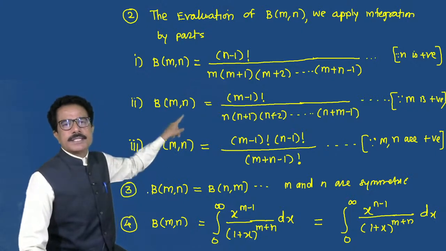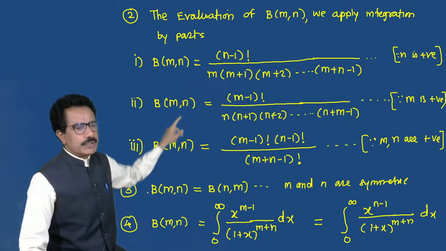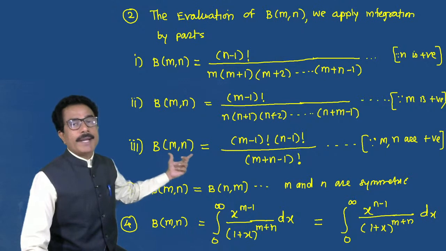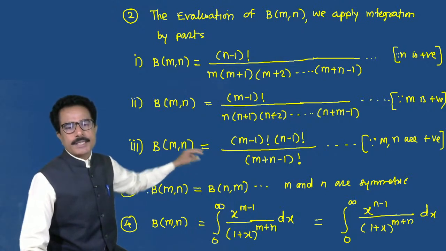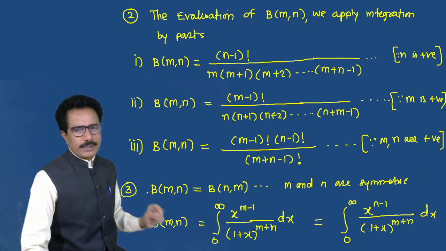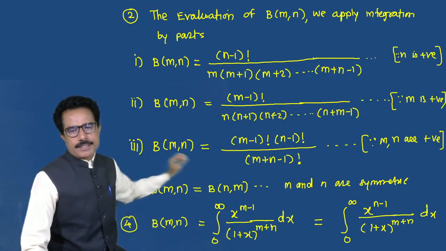This is the second formula for m positive, and this is the third formula. If m and n are both positive, then we can write m minus 1 factorial into n minus 1 factorial divided by m plus n minus 1.